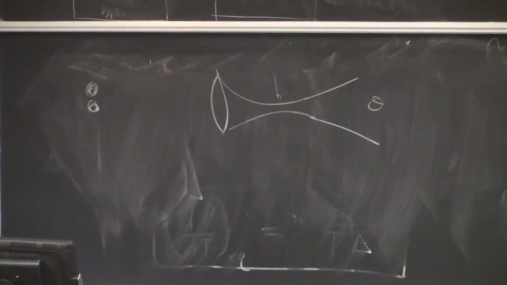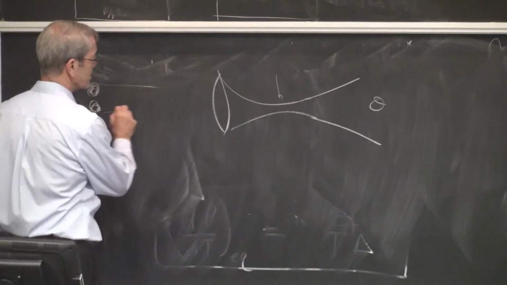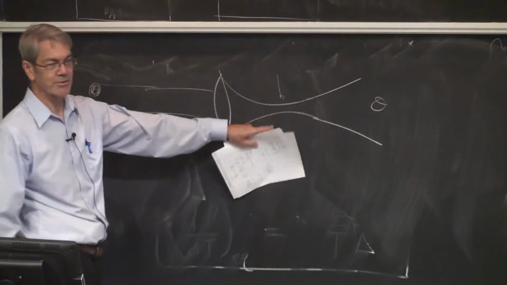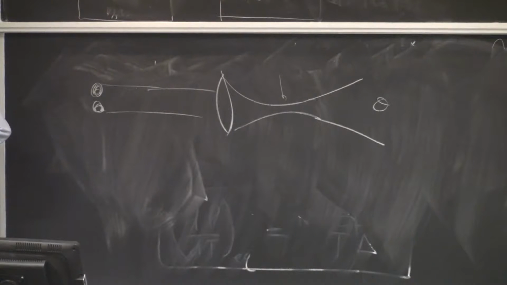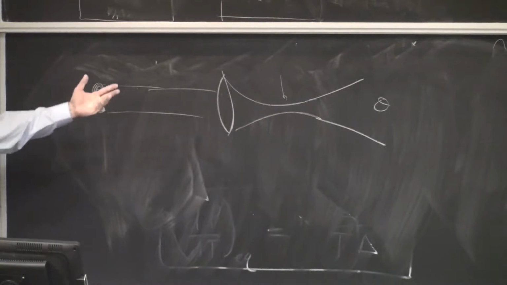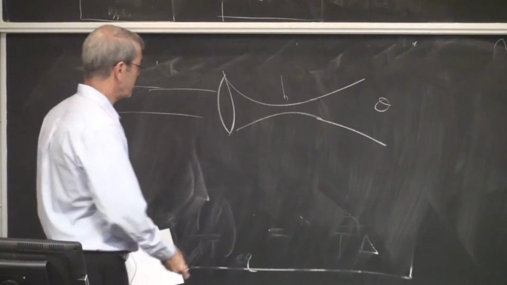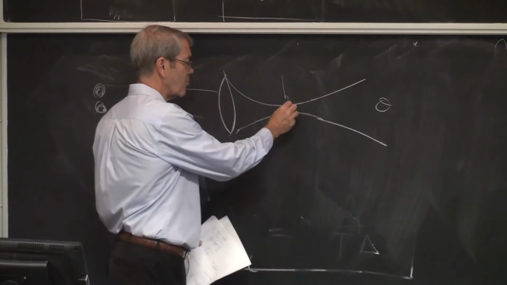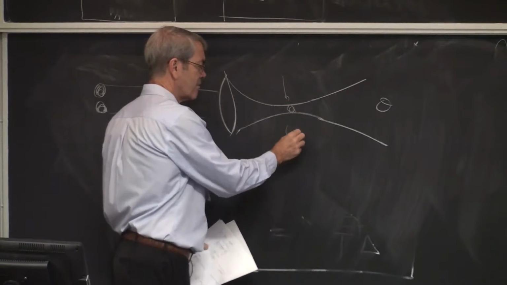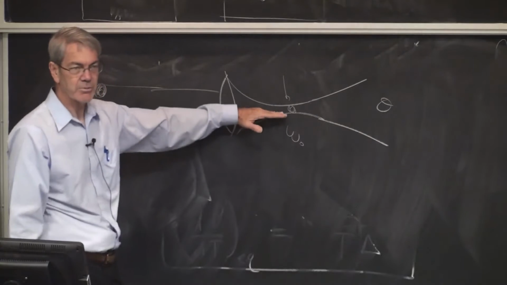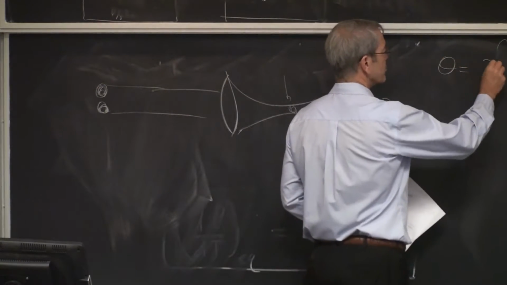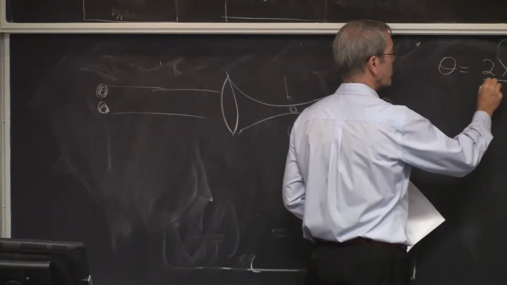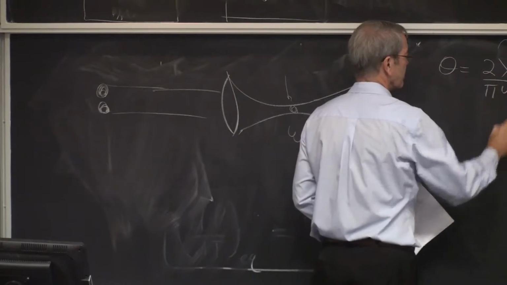Okay. So imagine I've got a nice big fat lens. I'm not worried about diffraction here, but afterwards. So how would I find that? If I want to know diffraction, I have to figure out what the spot size is there. Diffraction depends on my spot size because my diffraction angle is just 2 lambda over pi omega naught.